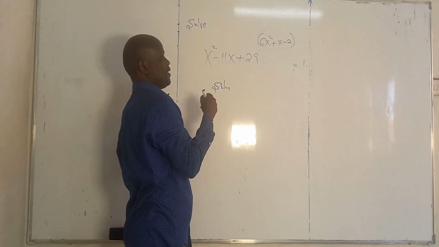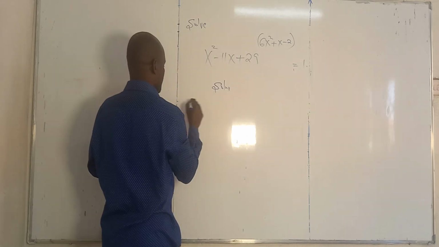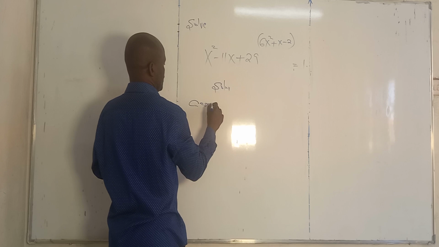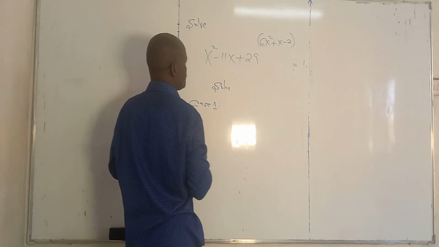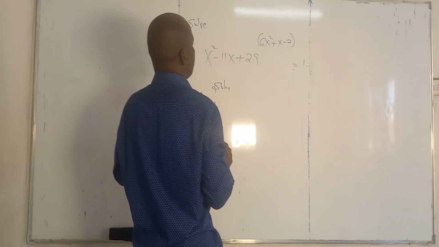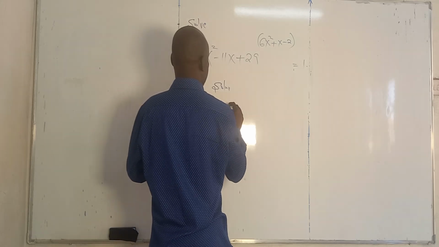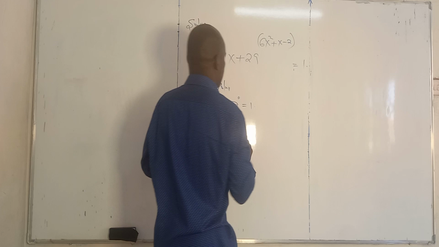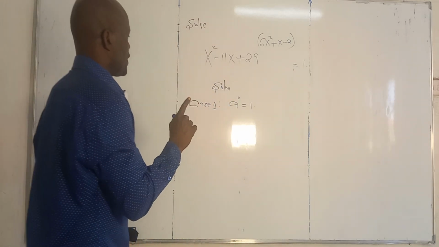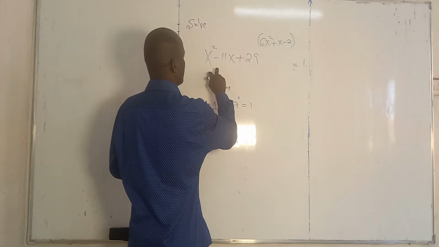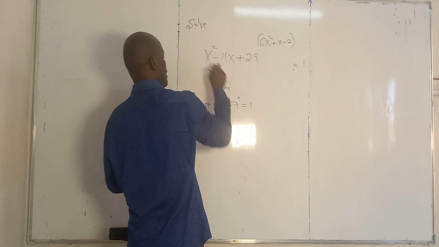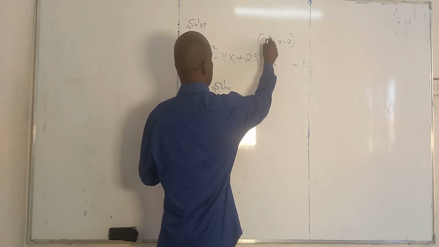So I will say I can have case 1 where a raised to power 0 is 1. That is, if I let all this to be a, then a raised to power 0 will be 1.